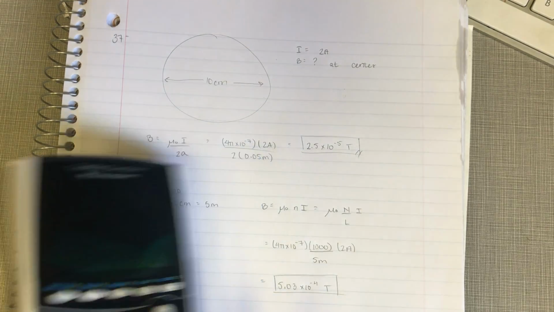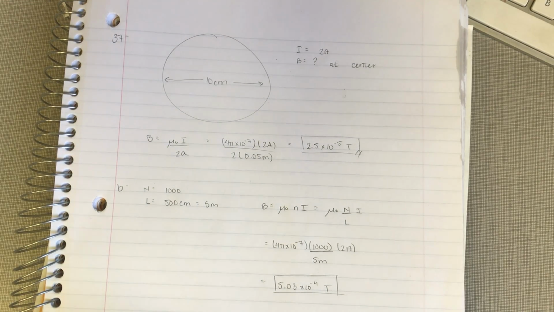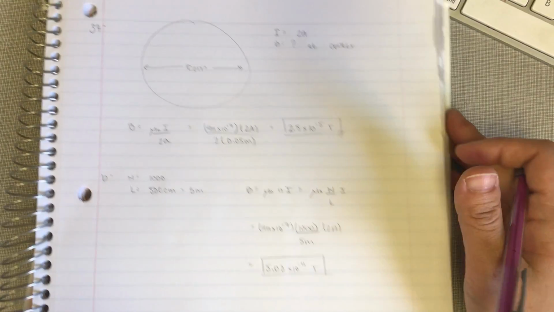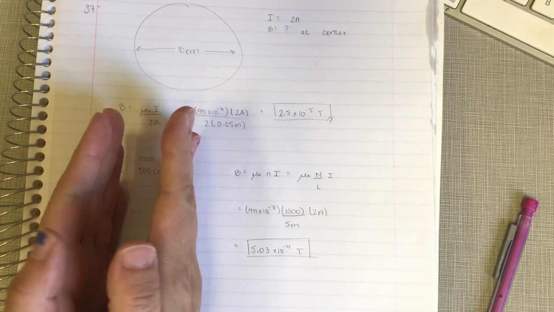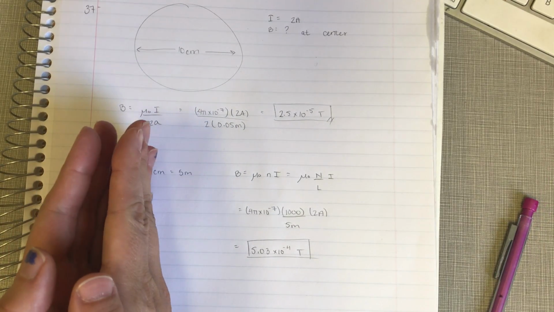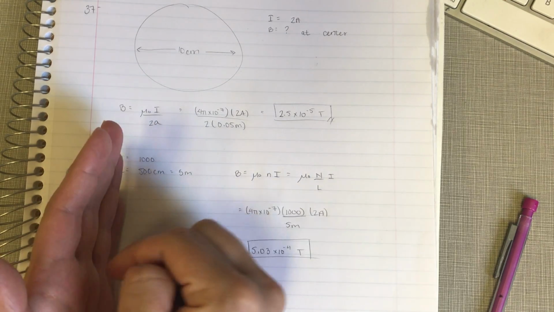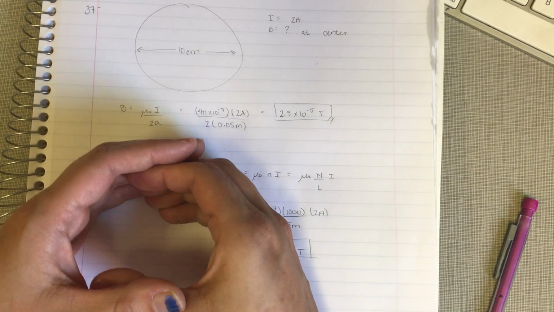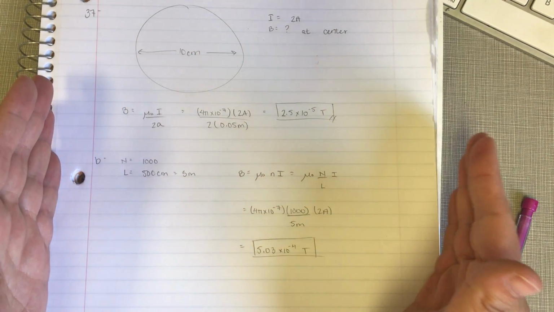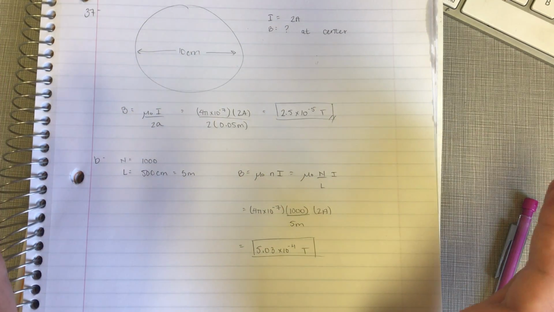Alright, so this is not 1,000 times the strength of our loop in part A, because now, instead of having it all smooshed into one nice little skinny loop and concentrated at that point, we're spreading it out over a huge long distance. 5 meters is a long distance.